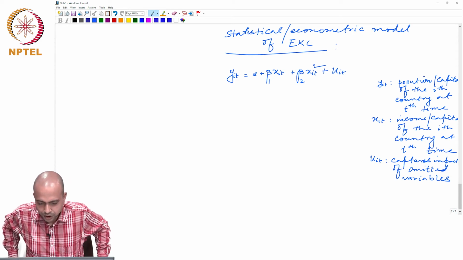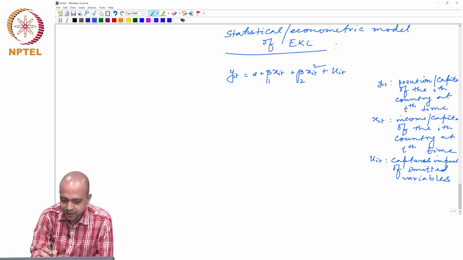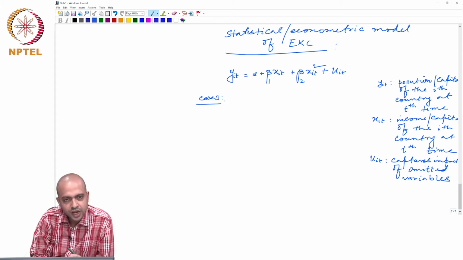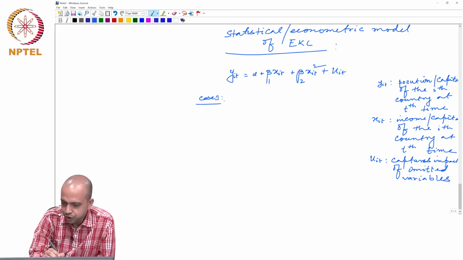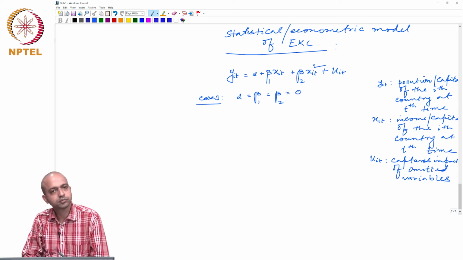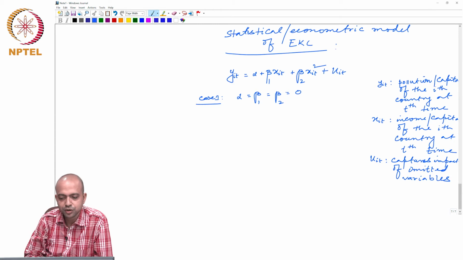For example, let us say case 1, what we assume is that alpha equals beta 1 equals beta 2, they all are 0.